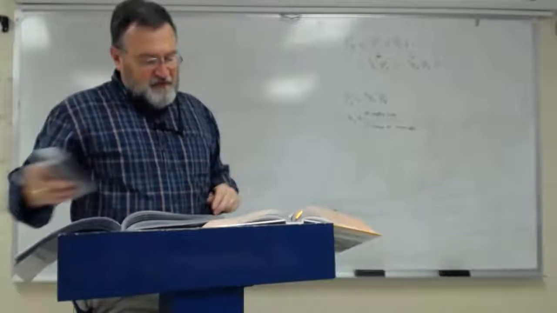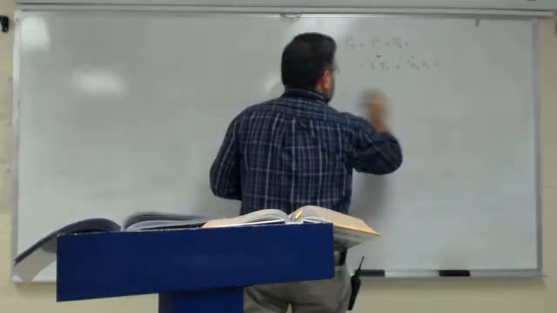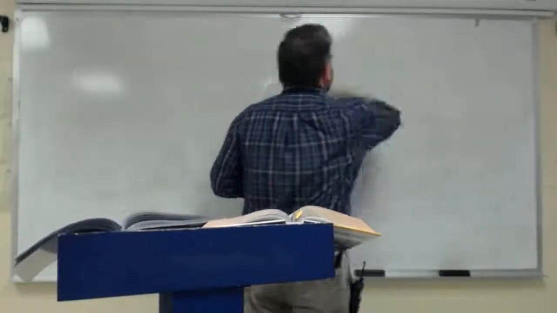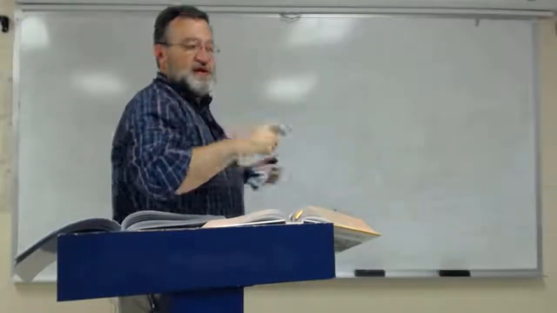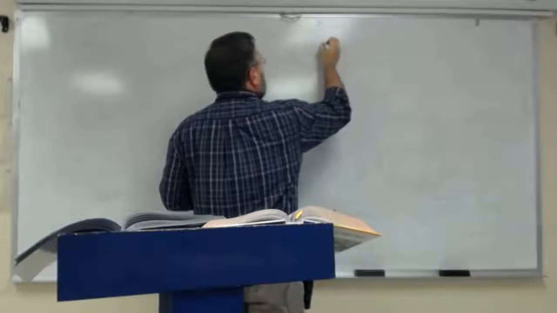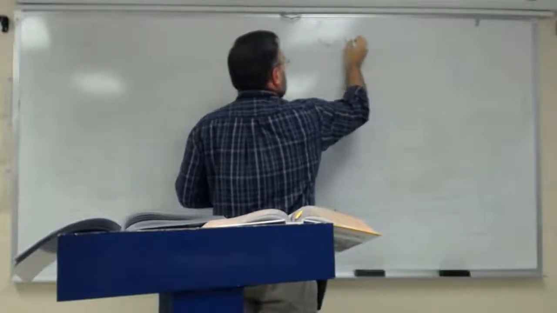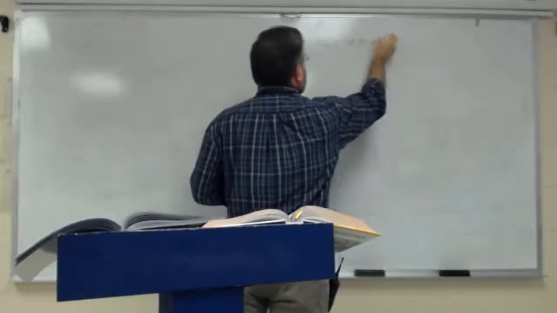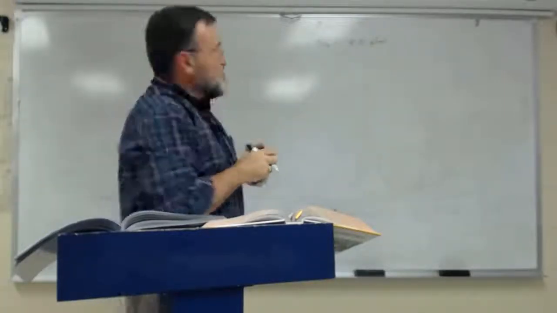A steel container is filled with 10 atmospheres of nitrogen. So not knowing where we're going yet, let me just write the information down. 10 atmospheres of nitrogen, so N2. Four atmospheres of oxygen.